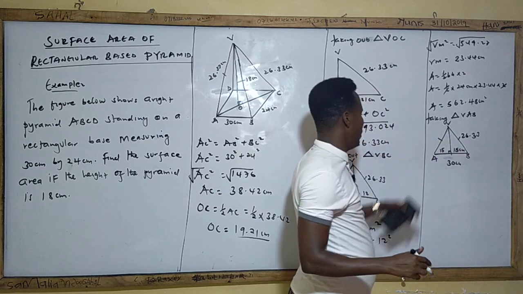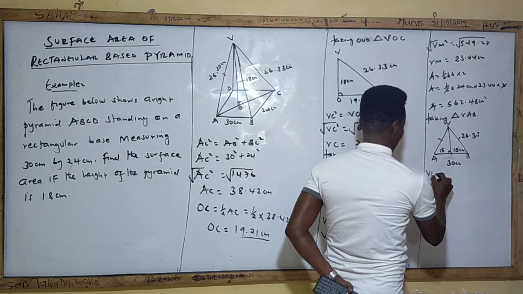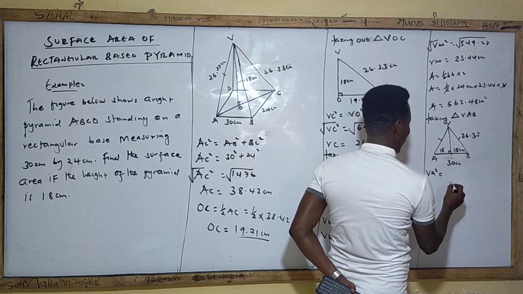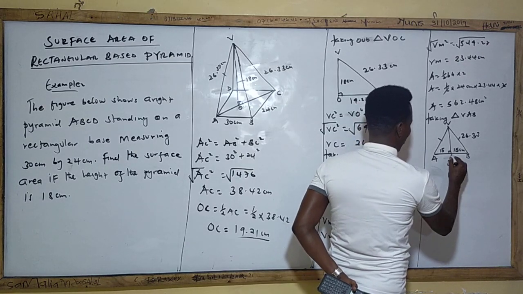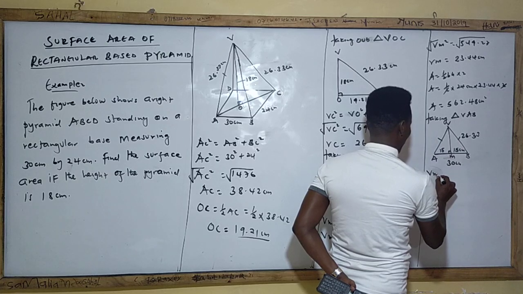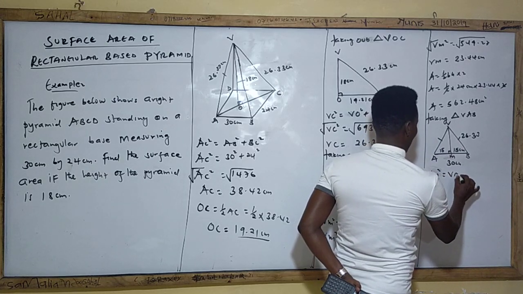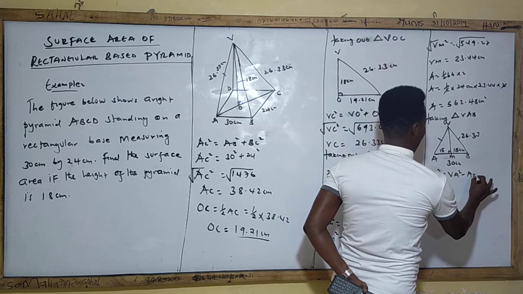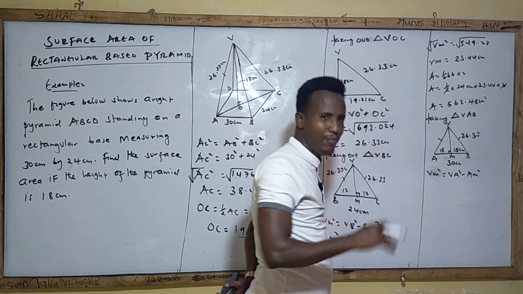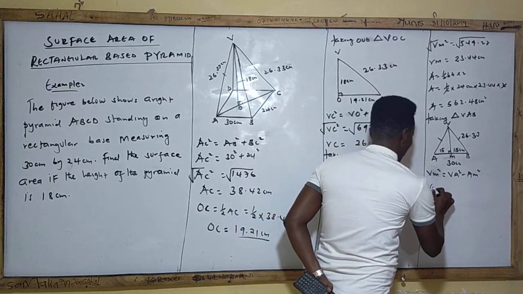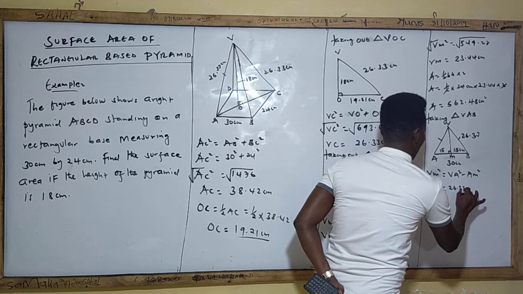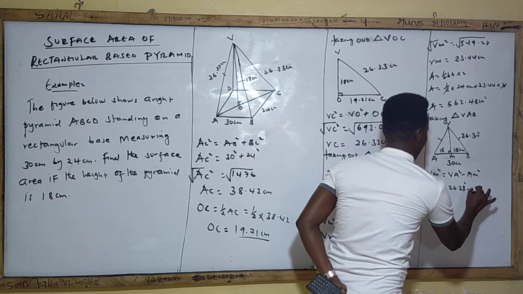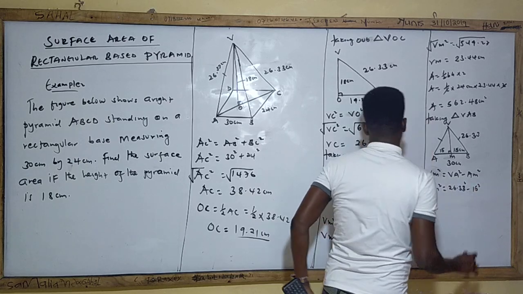So let me get VA. What we are missing is VM, sorry. So call this point M. Let me get VM squared is equal to VA squared minus AM squared. Just understand we are following the same procedure. So VM squared is equal to 26.33 squared minus 15 squared.